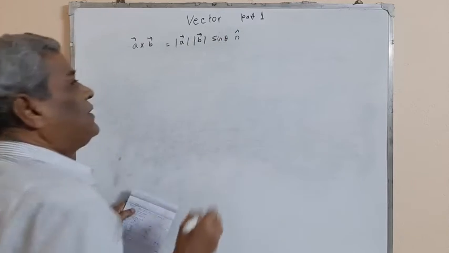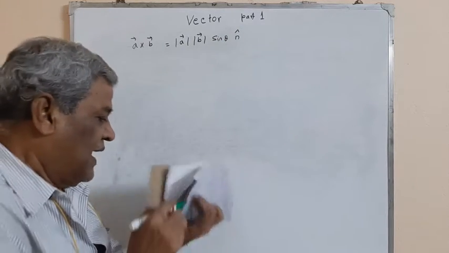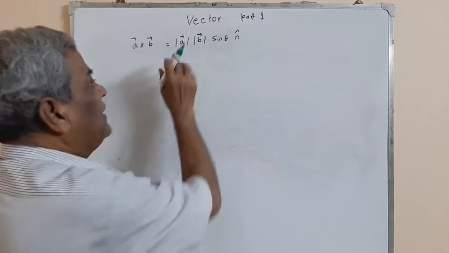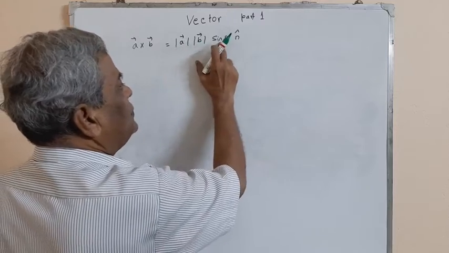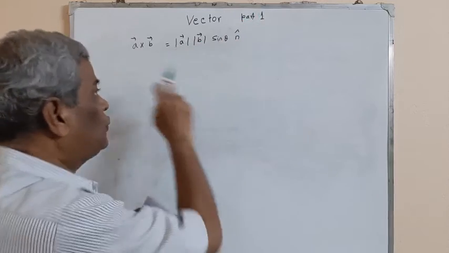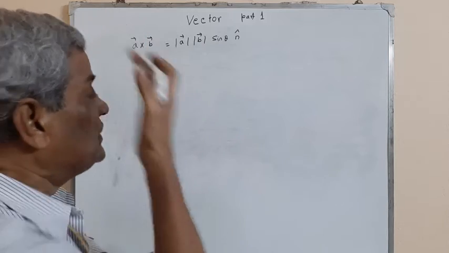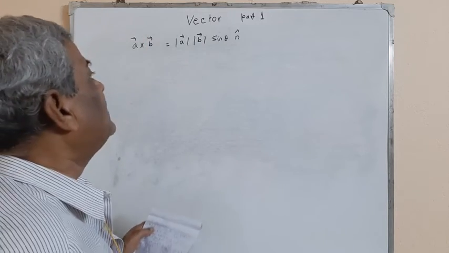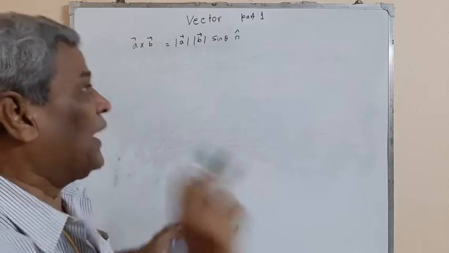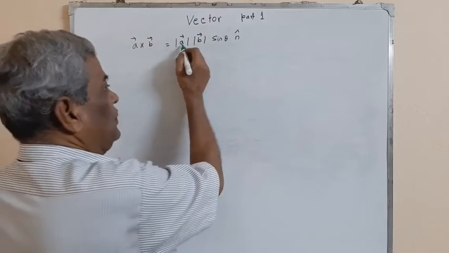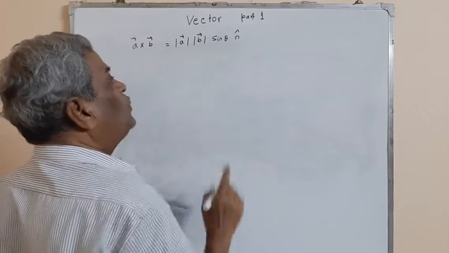N is a unit vector, and ultimately this is scalar, this is scalar, this is scalar, but this is vector. So the result is vector, and for that purpose it is known as vector product. Now these are known to us.